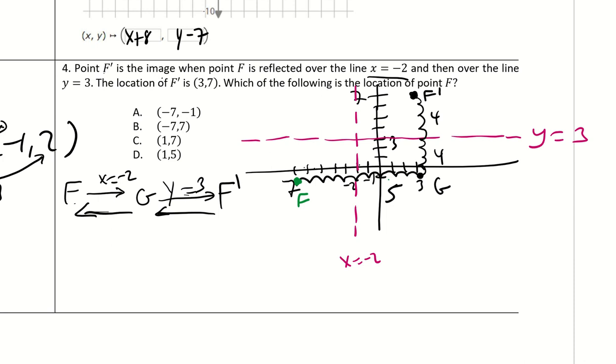And notice that F is -7, -1, sorry, x first and then y. So that's my F. If I do it backwards, I take F, reflect it over x equals -2, reflect it over y equals 3, and that gives me my F prime. So that's the right answer. Good to check your answer every once in a while. The answer is A.